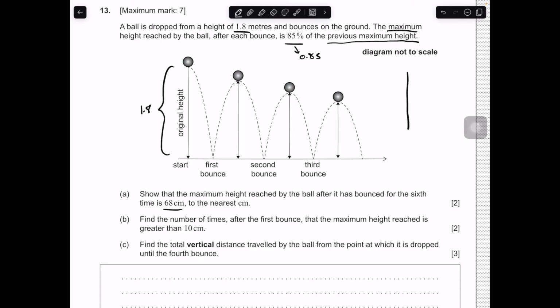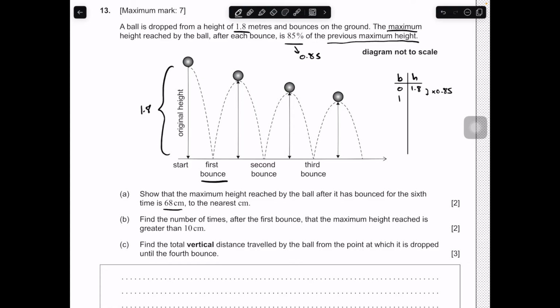So if we were to write an equation for this, and let's say this is the bounces and this is the height, what could we do? With 0 bounces, it's at 1.8. After the first bounce, it goes up to 1.8 times 0.85.